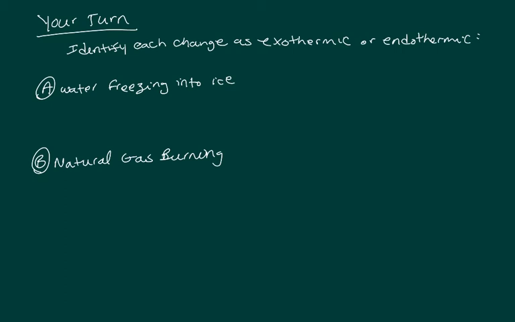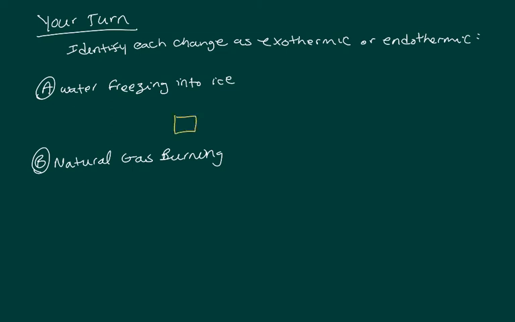Now I want you to try this on your own and replay the video to see if you got the correct answer. So again, we have water freezing into ice this time. Well, what's happening when water is freezing into ice? It's going to let out some of its energy so that it can get colder.